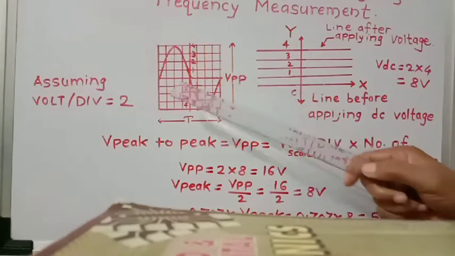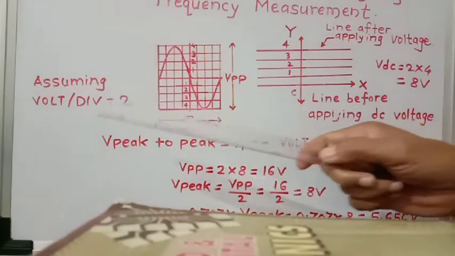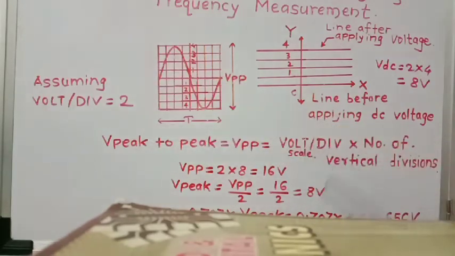Okay, so the number of vertical divisions is 8, and suppose the volts per division knob is set to 2 volt, then peak to peak voltage is equal to volts per division scale into number of vertical divisions.